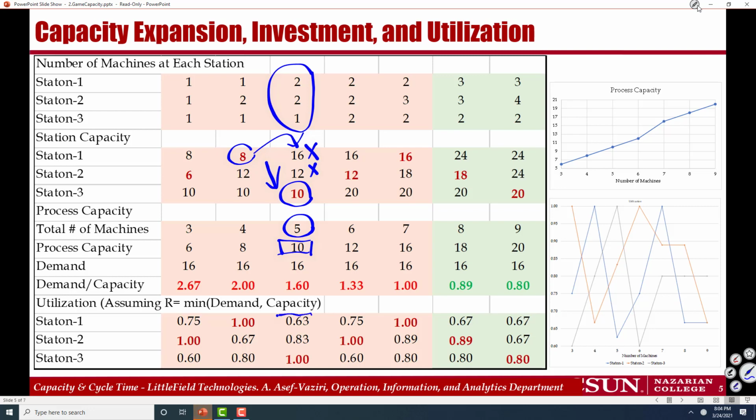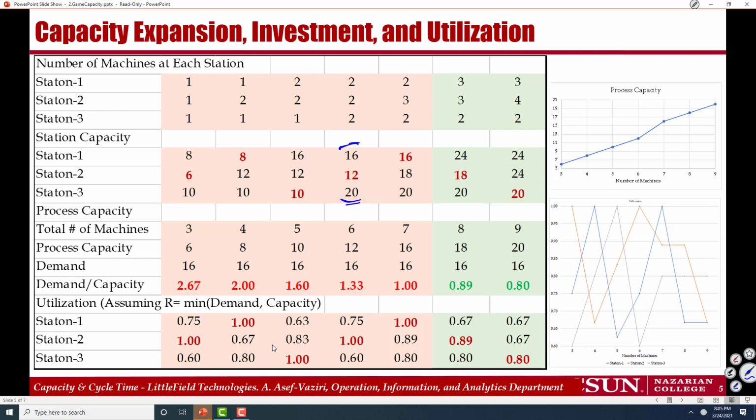And these are utilizations if we produce at capacity. Still, demand is greater than capacity. Still, the binding constraint, the bottleneck, is internal. And we buy another machine for station 3. Capacity of station 3 goes to 20.